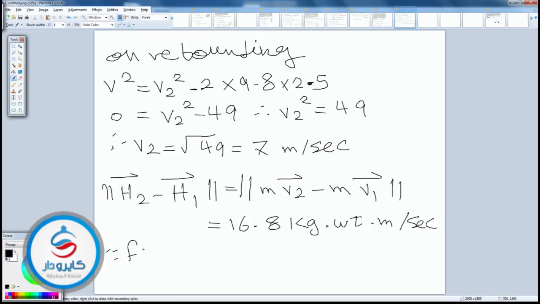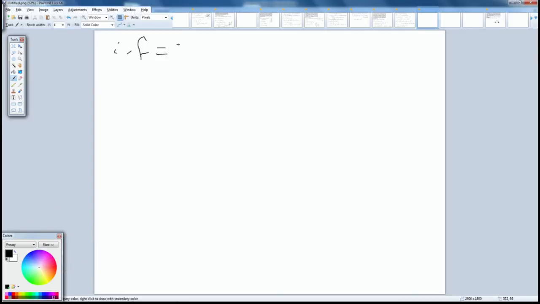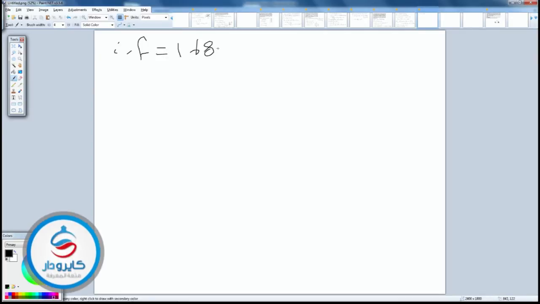Since Ft equals M by V2 minus V1, therefore F by 0.1 equals 16.8. Therefore, F equals 168 newtons.